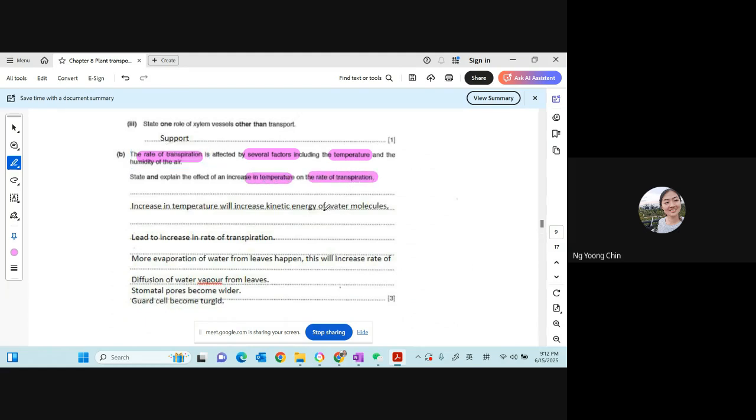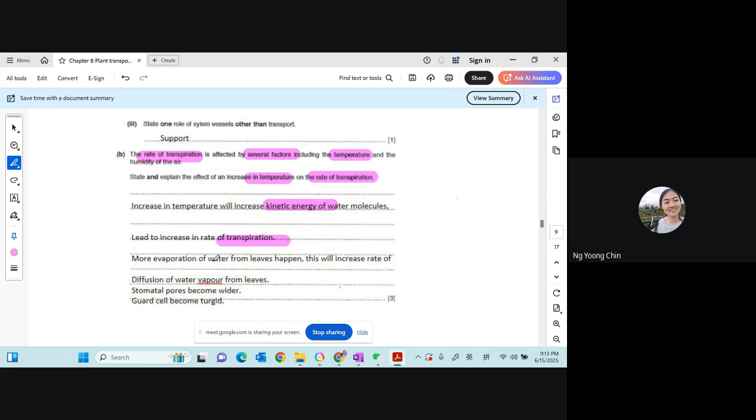So your answer should be, when you increase the temperature, you are increasing the kinetic energy. You use the same keyword when you answer the enzyme question, because they also like to ask how increasing the temperature affects enzyme activity, right? So when you increase temperature, you increase the kinetic energy, you actually increase the rate of transpiration also.